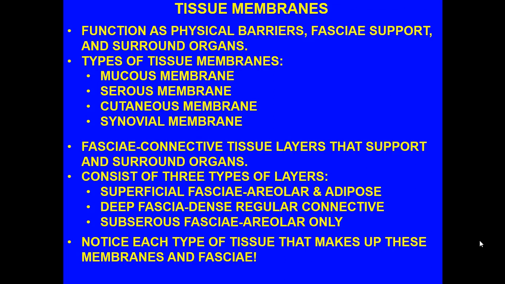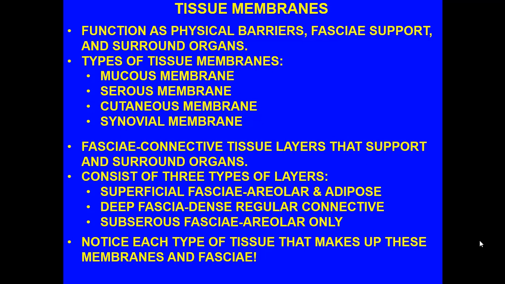Types of tissue membranes. There's mucous membranes, such things as the membrane that you see in the respiratory system, the digestive system, the esophagus, things like that. Serous membranes are membranes that you would see, for example, lining the abdomen or the thorax, right?